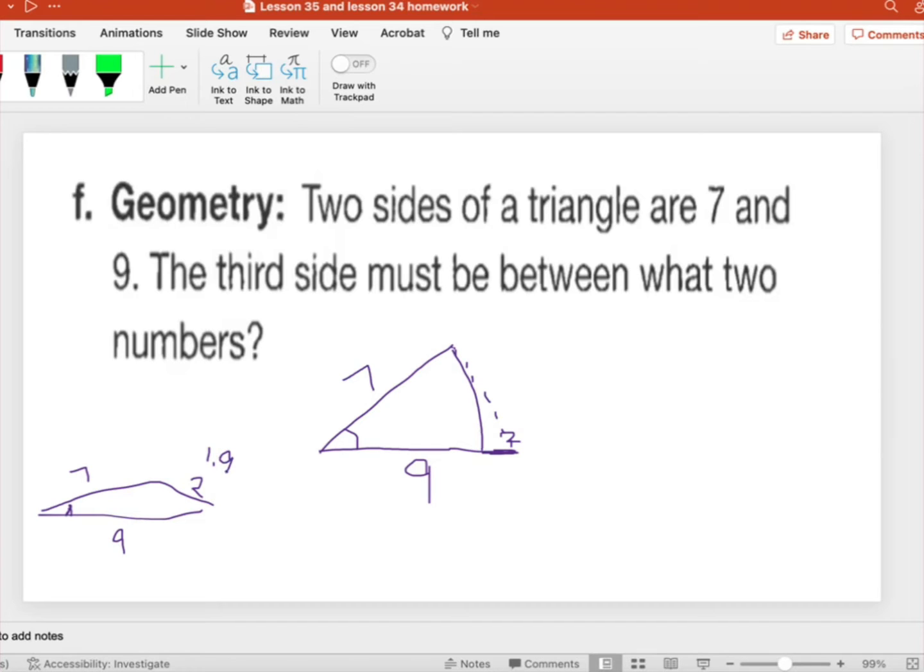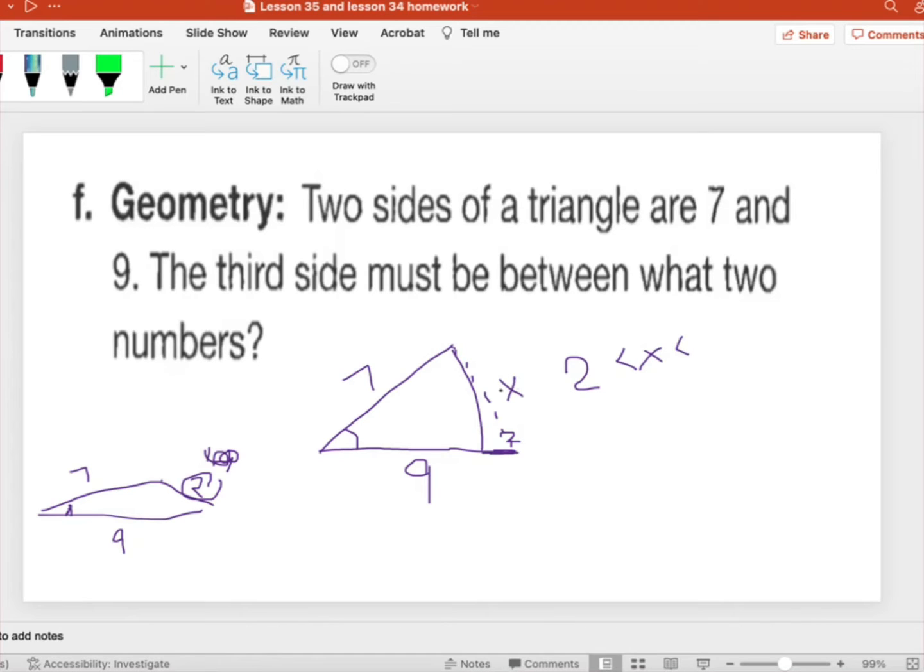Okay, so it would have to be greater than 2. Excuse me, 2.1. It has to be greater than 2, because if it was less than 2, it would not meet this other one. My bad. All right, so this third side has got to be greater than 2, so we'll put 2 less than x. We'll put this as x right here.